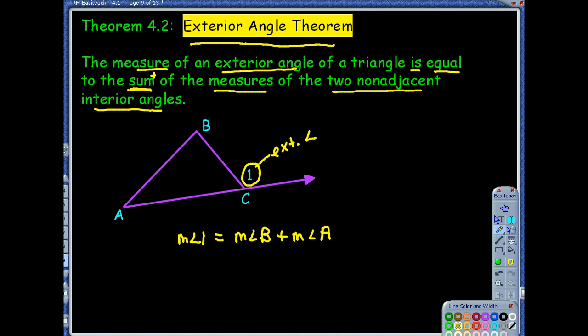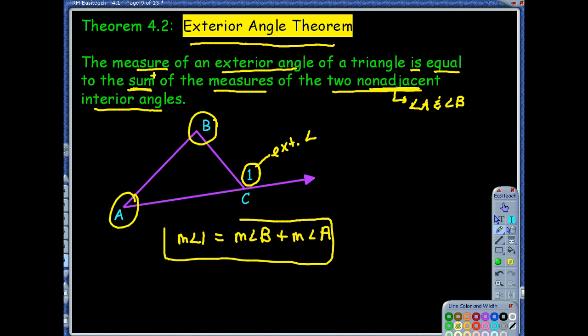Because they said non-adjacent, so they can't be talking about the one right next to it, angle BCA. You add those two angles together and set that equal to angle 1. So this would be the exterior angle theorem.